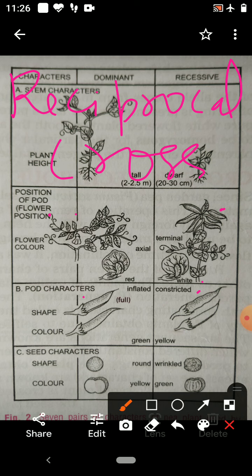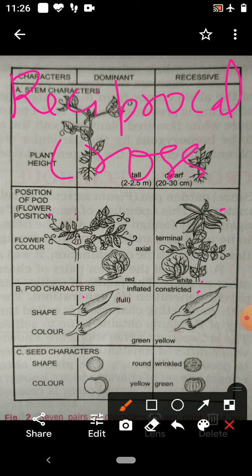In both cases, the progeny in the first filial generation have the same character. So this is the reciprocal cross.